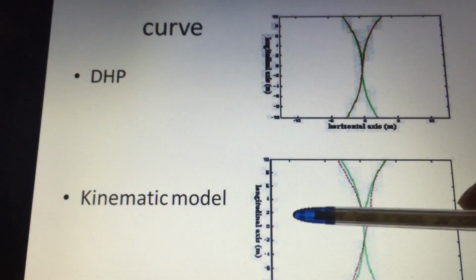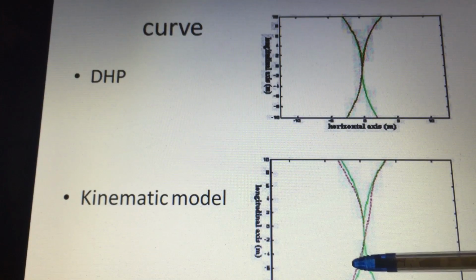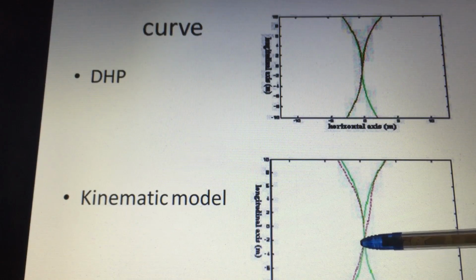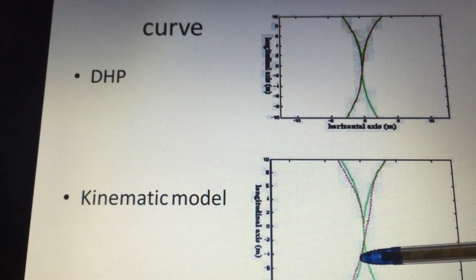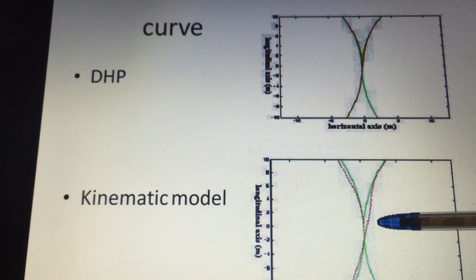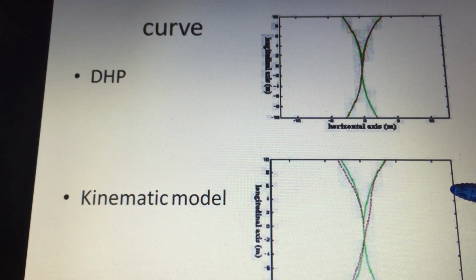As we can see, under the kinematic model, the red line does not go along with the green line. That means under the kinematic model, the actions are hard to follow what we expected.